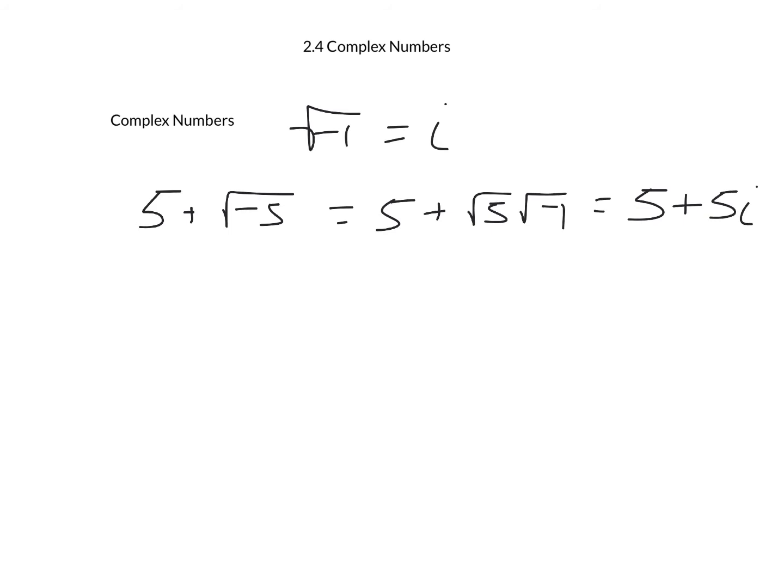We always write our complex numbers in this form, with a real coefficient in front of i. If it's just i by itself, or a 5i or 10i by itself with no number added, it's still considered a complex number, but we can also refer to it as a pure imaginary number.